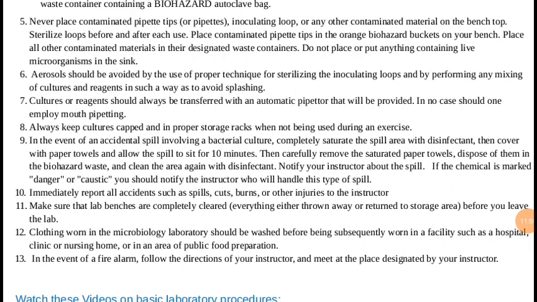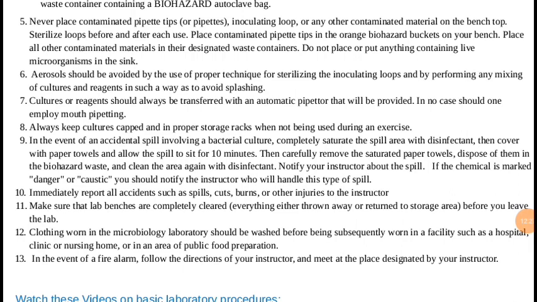It is usually advisable to saturate the spill area with disinfectant and then cover the area with paper towels and allow the spill to sit for 10 minutes. Later, you should carefully remove the saturated paper towels and dispose them in the biohazard waste.